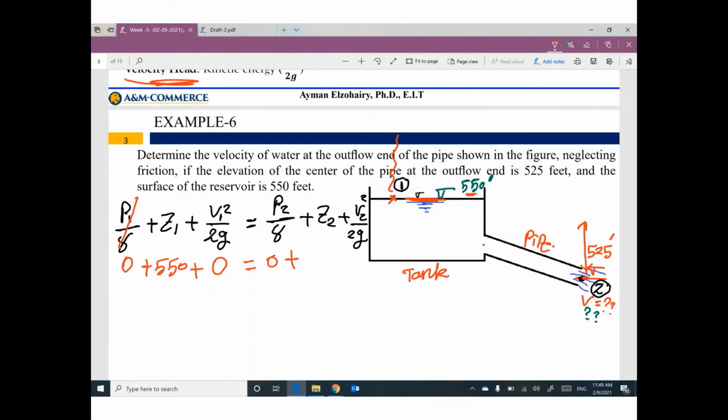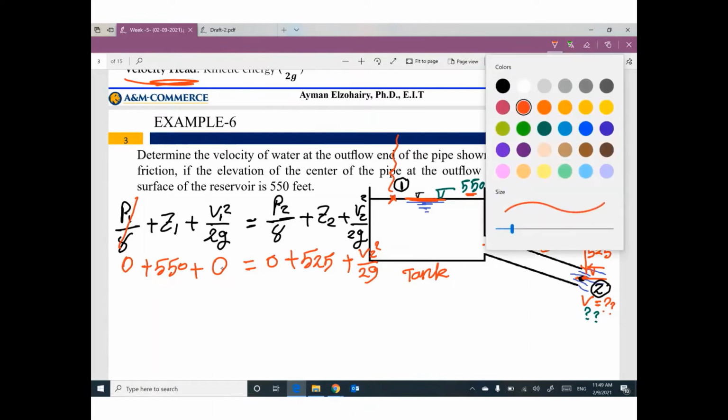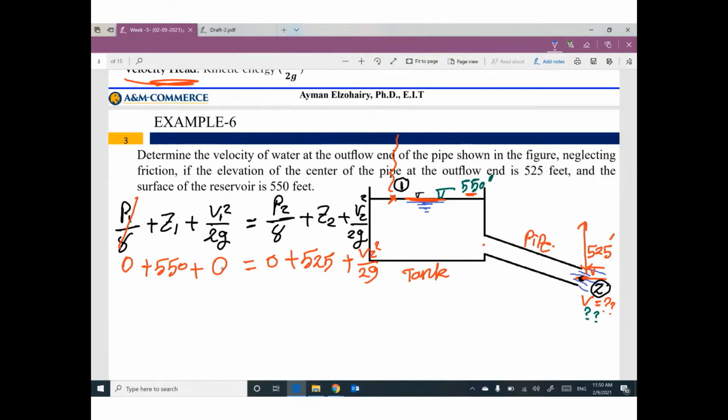It's given, 525. We have velocity, yes, because we have flow at the outflow. We expect velocity, V2 squared divided by 2G. The only unknown in this equation is V2. So 550 equals 525 plus V2 squared at the outflow divided by 2G.